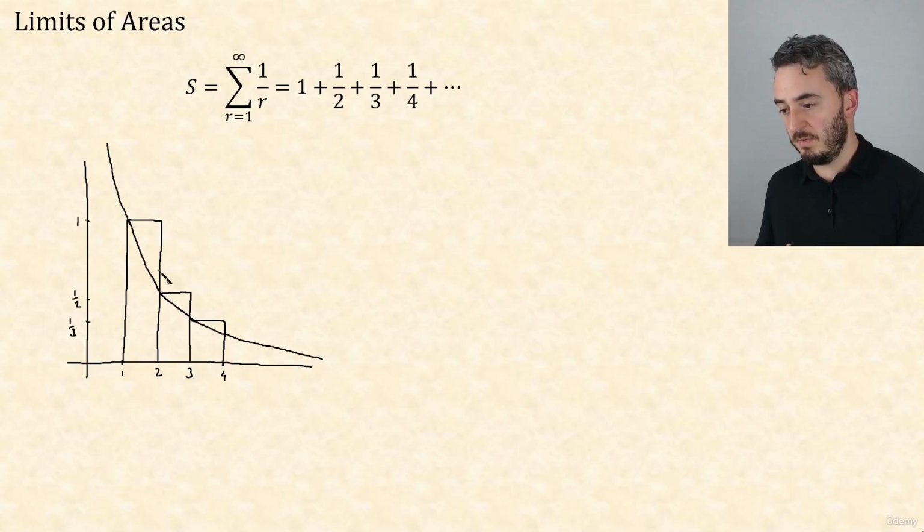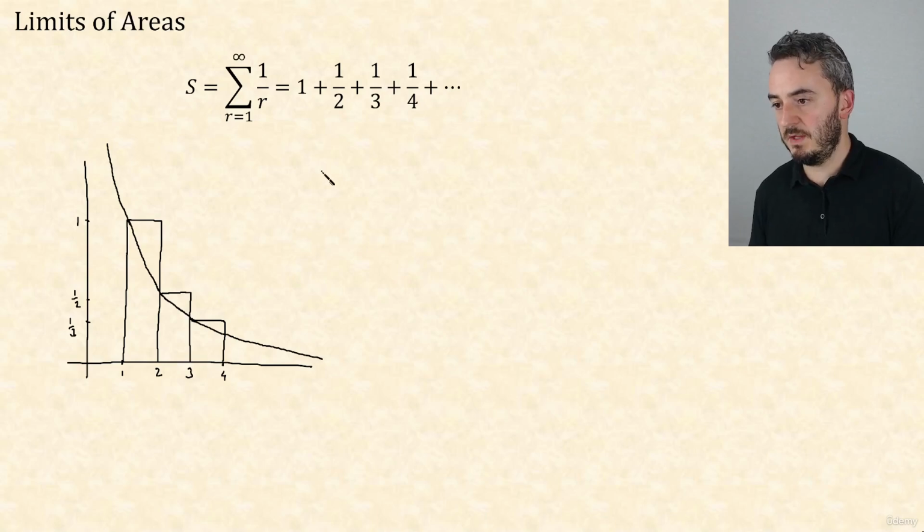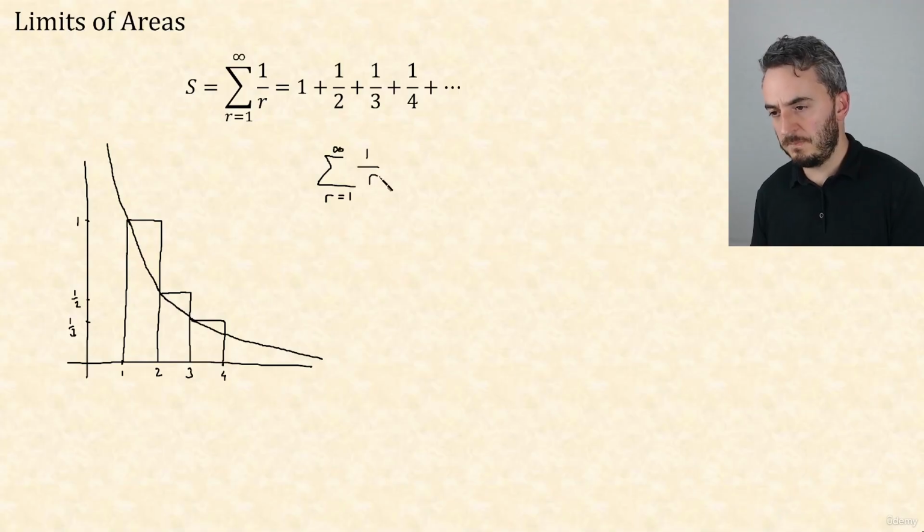And what this establishes is that the sequence I'm looking for, so the sum from r equals 1 to infinity of 1 over r, must be greater than the integral from 1 to infinity of 1 over x dx.